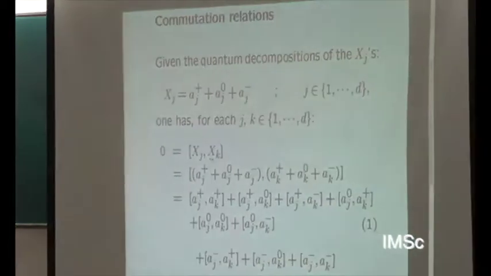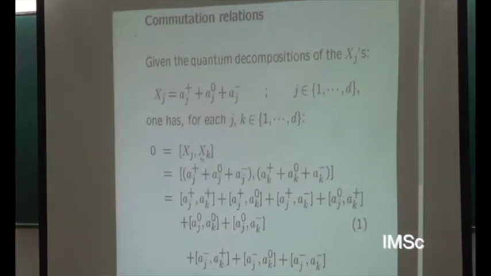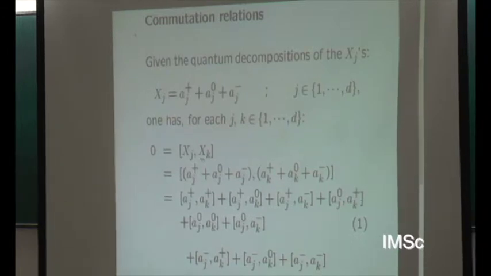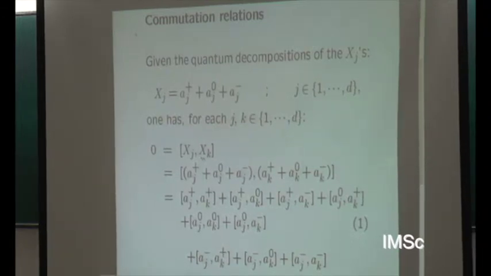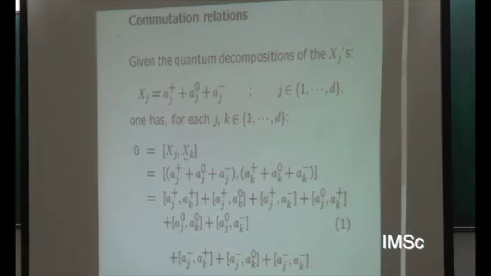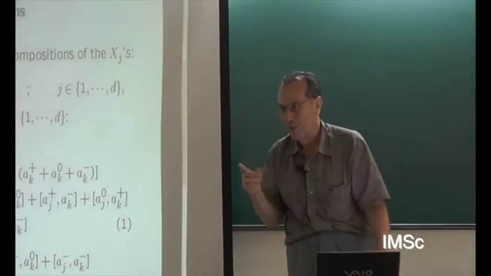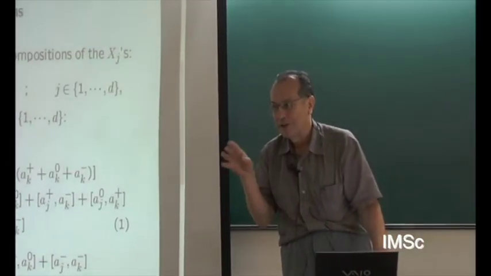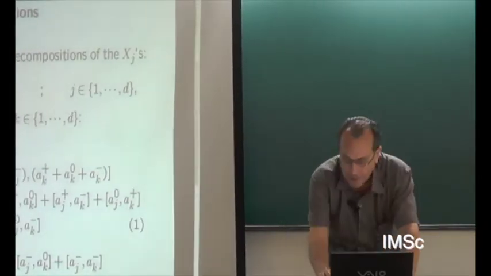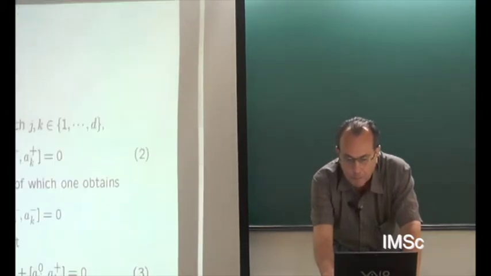We don't have to worry. We don't have to impose them as a separate necessary condition. This is very important, because these are quadratic relations. If we had to impose them as a separate necessary condition, we would be in great trouble, because we would have to solve quadratic equations in operators, which is a very difficult task. Okay.